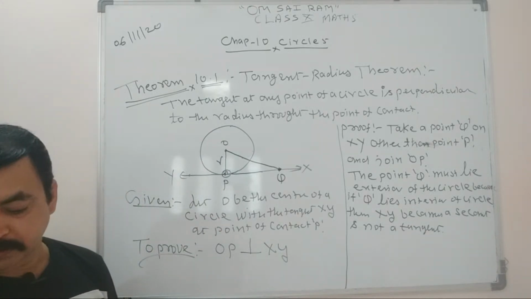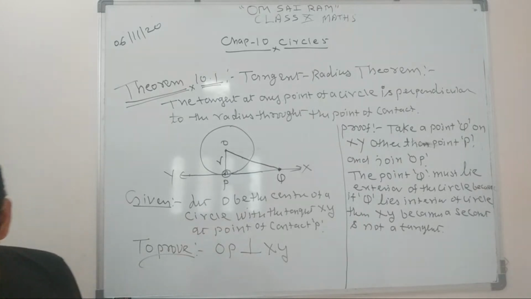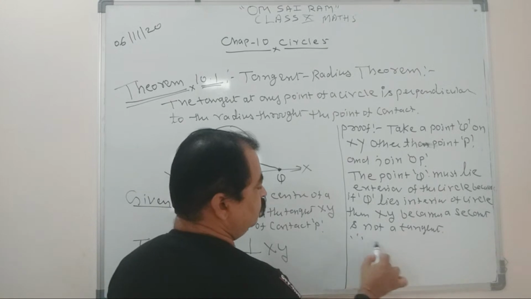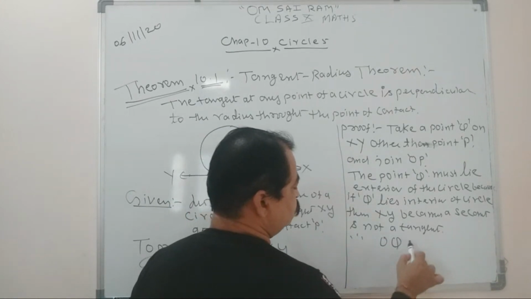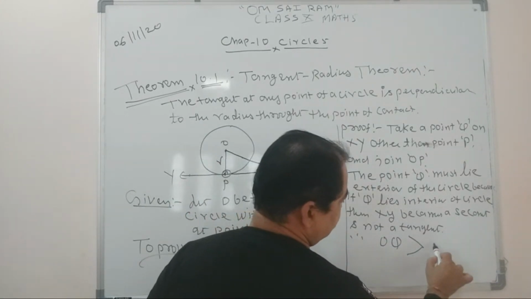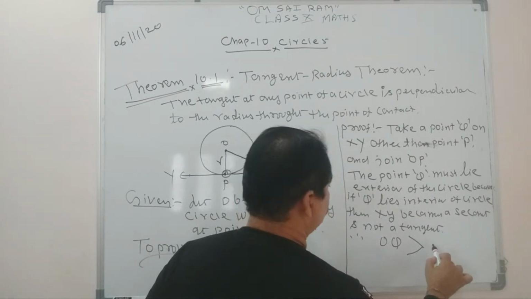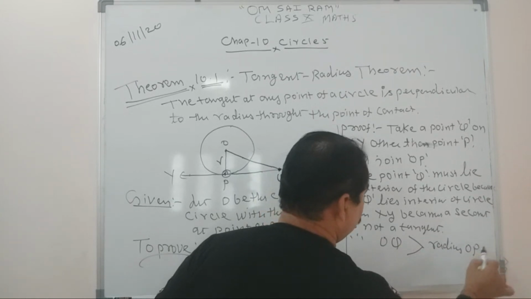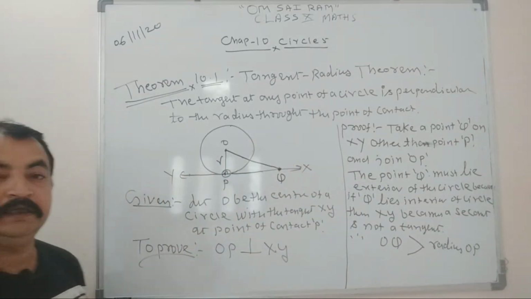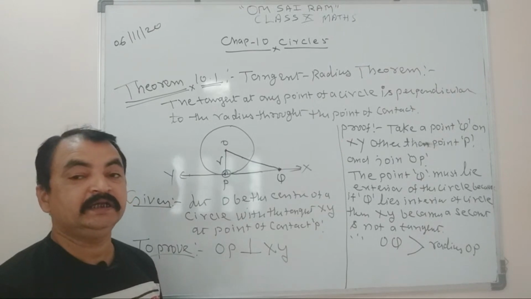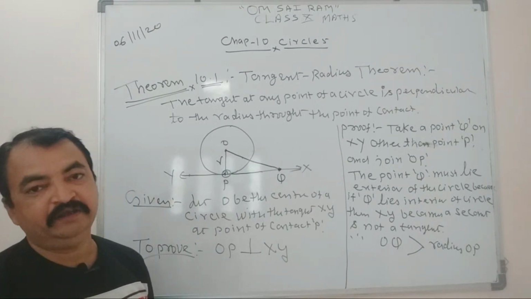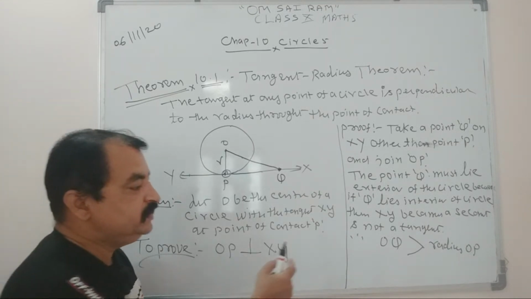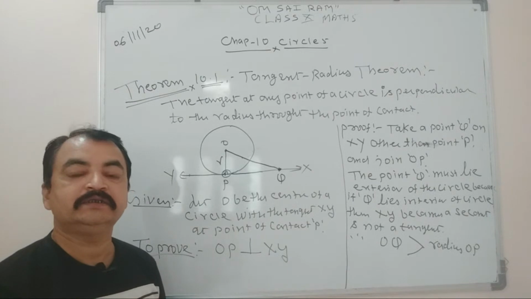Right, children? That means, therefore, we can say distance OQ is greater than the radius OP, right? Why? Because Q is in the exterior of the circle, and if it is in the exterior of the circle, it represents that this distance is greater than the radius OP.